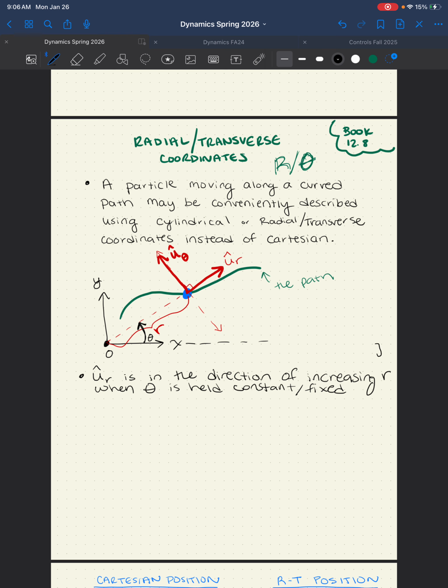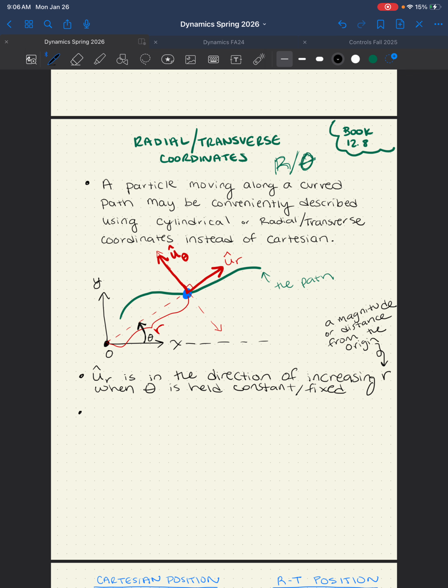And just as a reminder, we define this r as a magnitude or distance from the origin. Okay?